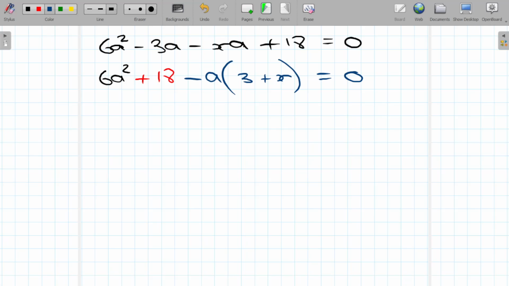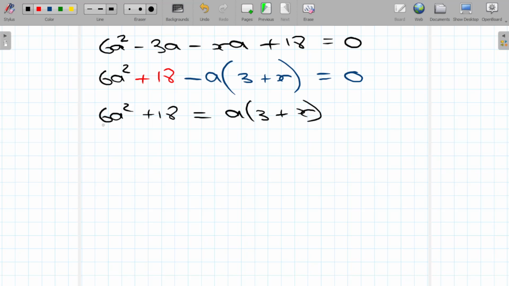So what we can do now is go back to black, and write 6a squared plus 18 equal to a times 3 plus x. Okay? So this means now, if you notice on the left-hand side, 18 is a multiple of 6.